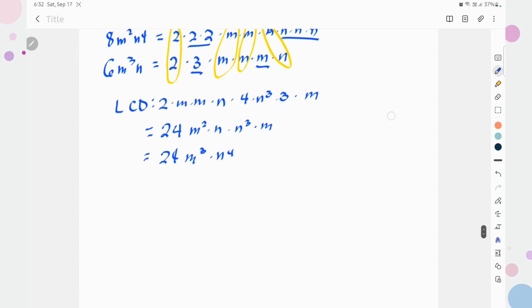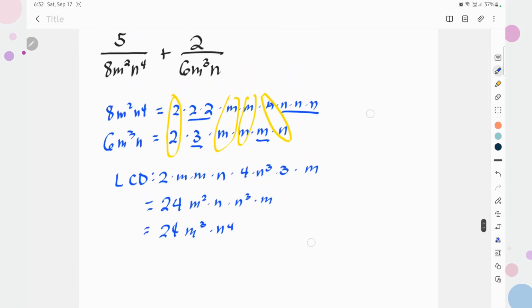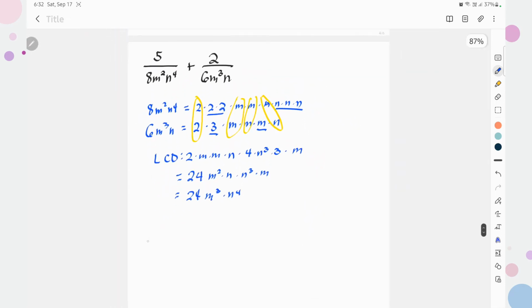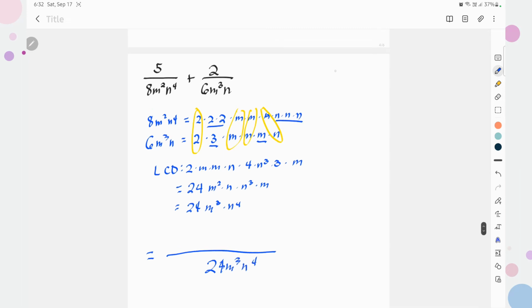Right? Now, what you're going to do now, we're working with this one. Let me make it a little bit bigger. Zooming it. So you have now the common denominator, 24 m cubed n to the 4th. So that's that. So you divide that. 24 m cubed n to the 4th divided by 8m squared n to the 4th.